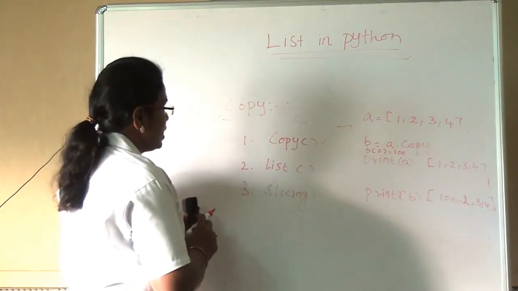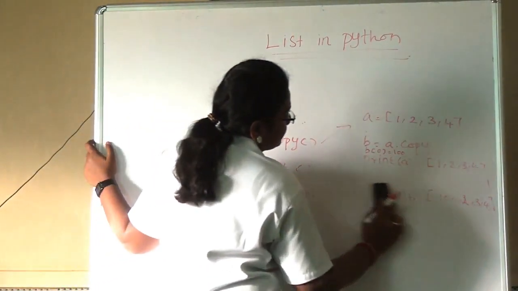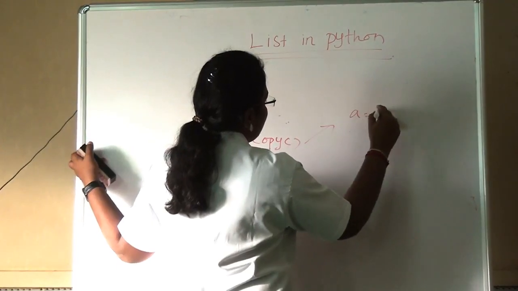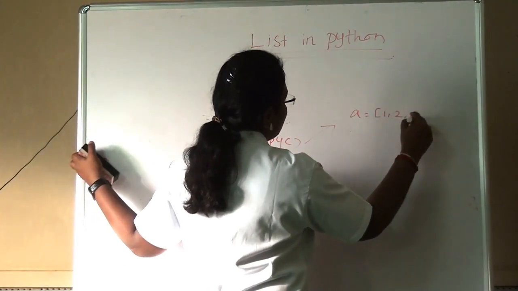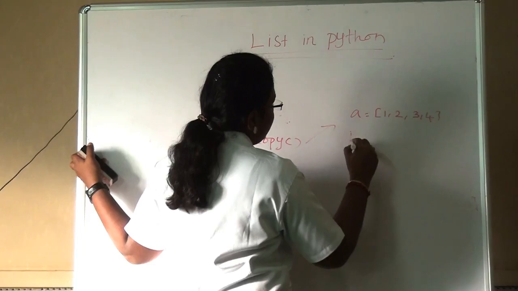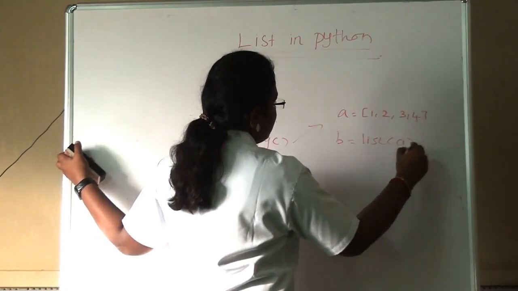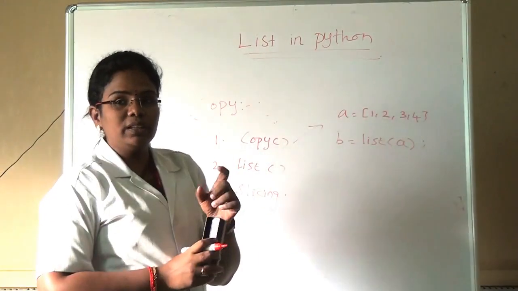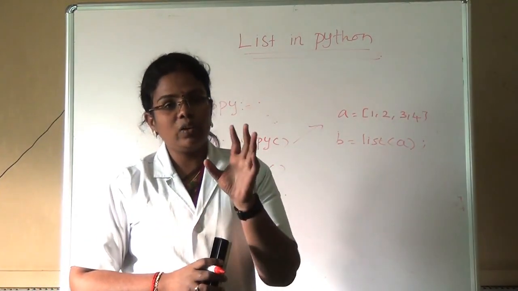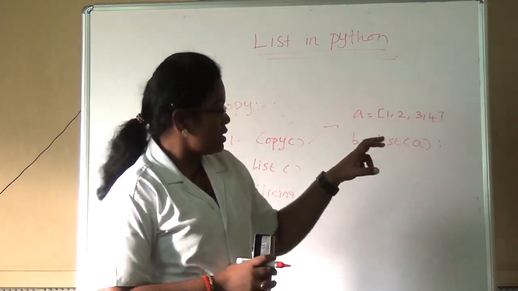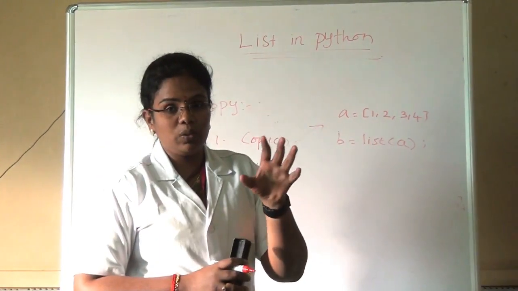Then the second one is the list method. A equals 1, 2, 3, 4. B equals list of A. Normally, the list method will convert the particular content into the type list. We have multiple data types; this will convert it to list.